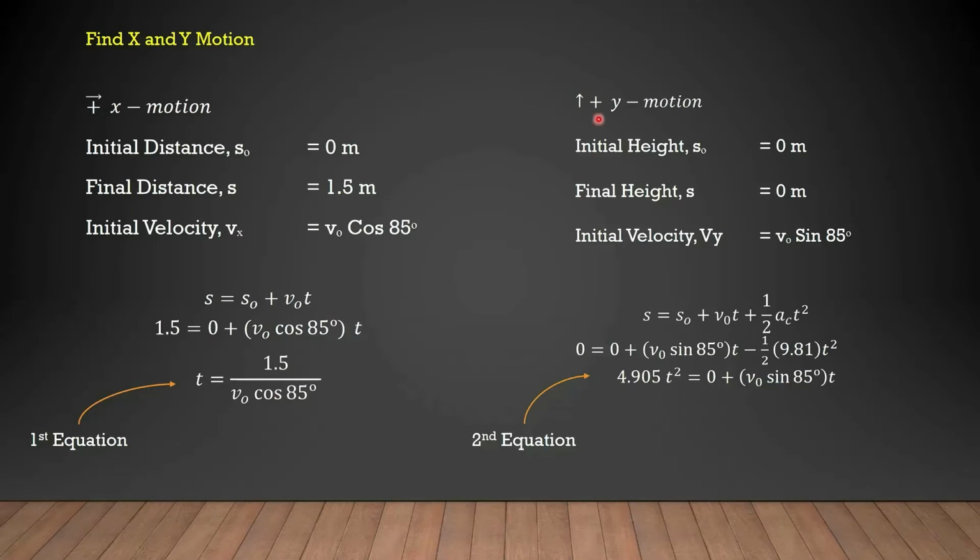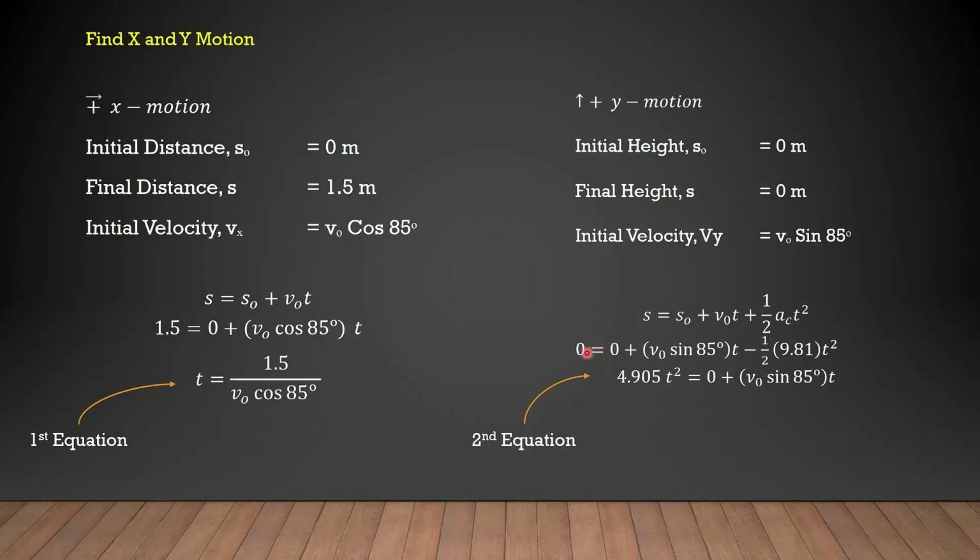So for the y motion, we have initial height S0 equal to 0 meter, the final height S equal to 0 meter, and the initial velocity Vy, we have V0 sin 85 degrees. So S equals S0 plus V0t plus 1/2 at squared.